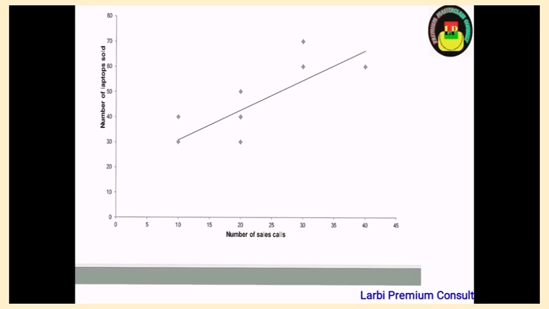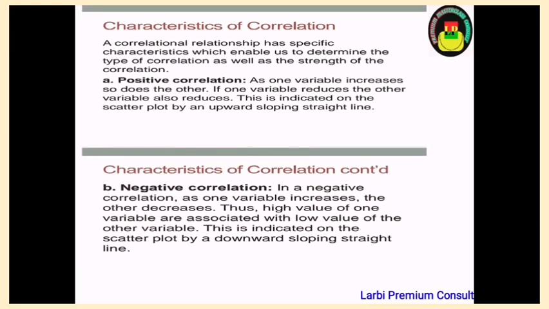So that is actually a positive relationship. And we get to understand this positive relationship, or this inverse relationship, or partial relationship that I'm talking about, and they have specific names or terms that we use for them. So as we move along, you will understand it better. So let's move on to characteristics of correlation.